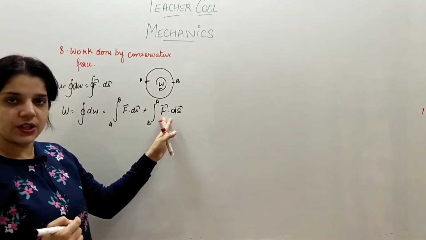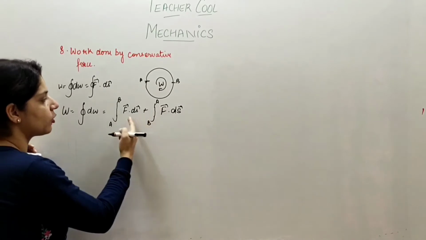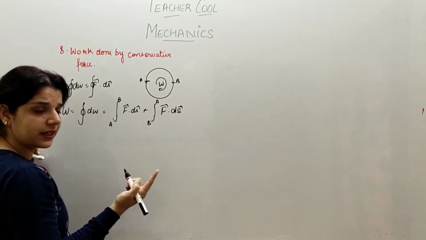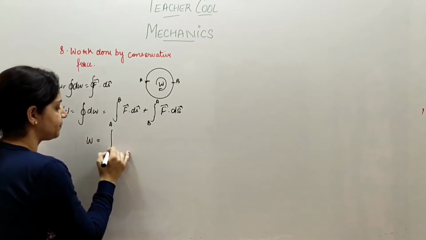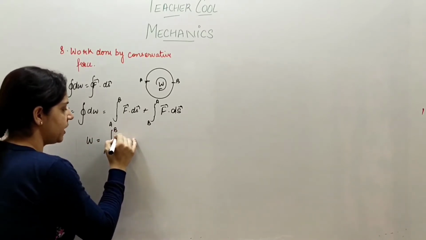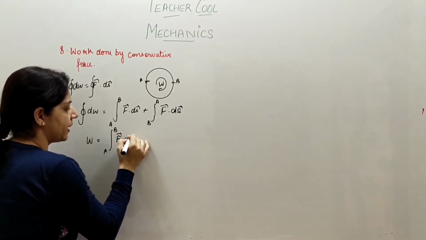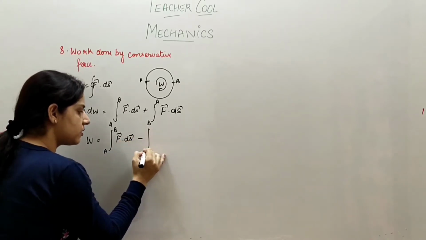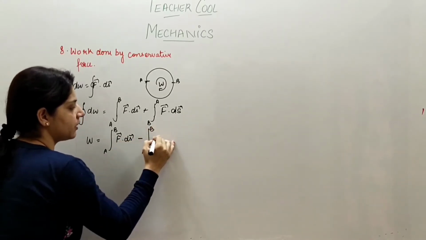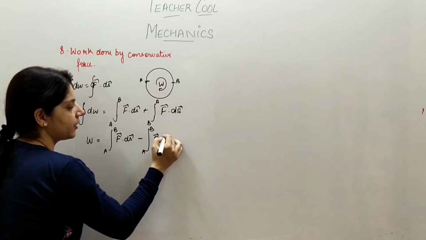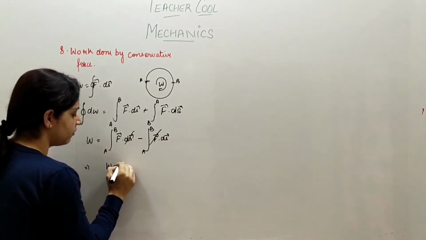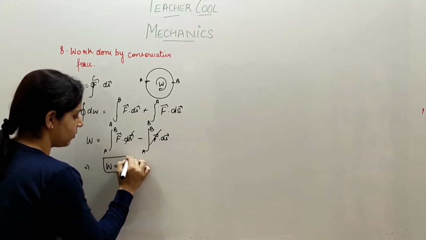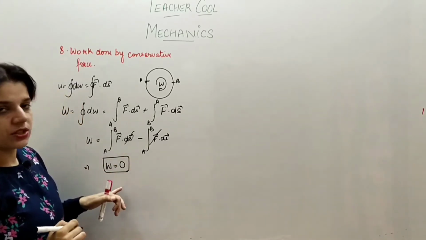So this integration will turn out to be exact opposite of this one, just the negative sign. So I'll write the total work done will be A to B F dot ds vector minus A to B F dot ds vector, and this will cancel out, and my total work done will be 0. This is a major result.